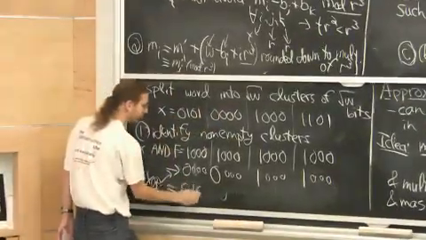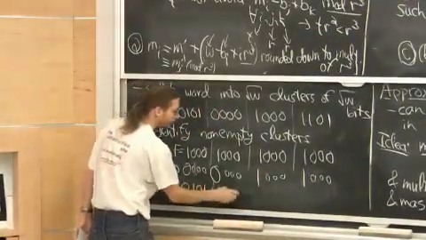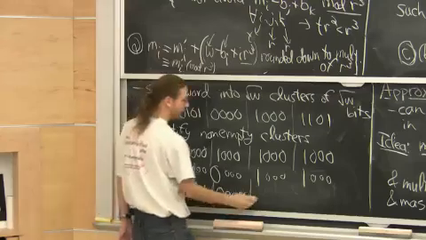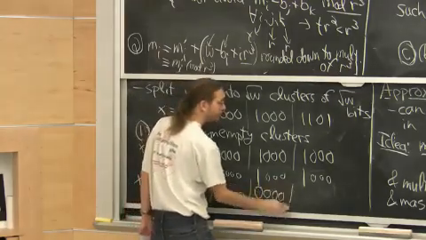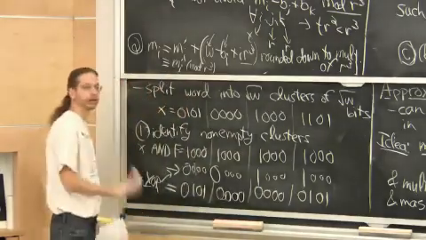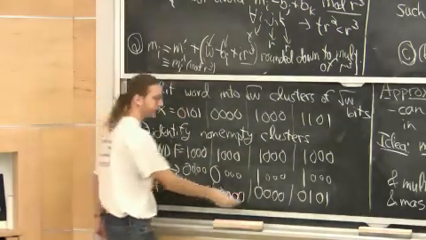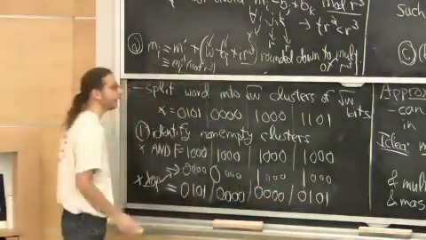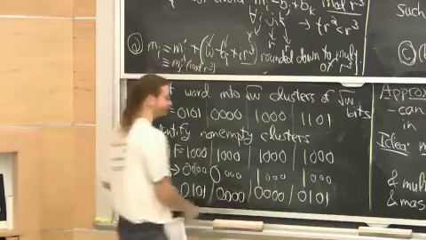So I've got 0, 1, 0, 1, 0, 0, 0, 0, 0, 0, 0, 0, and 0, 1, 0, 1. Okay, these are the rest of the bits. I've got to figure out this one's not empty and this one's not empty. How do I do it? With subtraction.